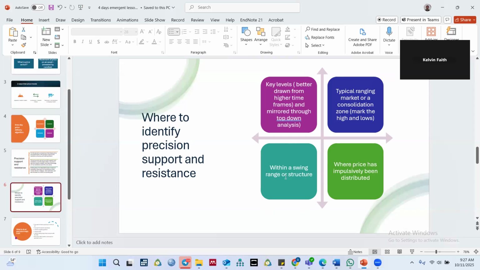Also, when you have a swing structure, let's say there is a movement up and there is a quick shift of structure to the opposite direction, that creates a swing structure. Within that, you can also locate this precision price in terms of the support and resistance around that swing structure.